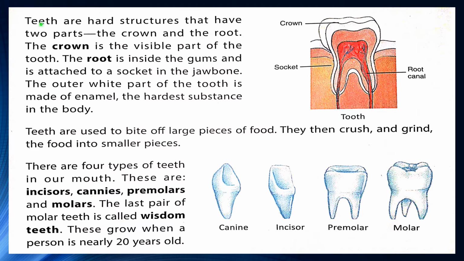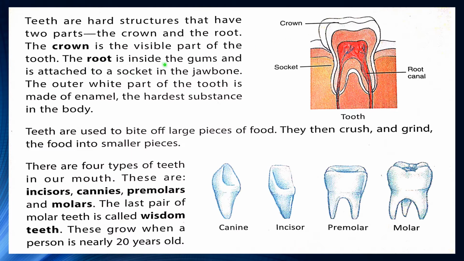Dear students, teeth are hard structures that have two parts. How many parts? Two parts. The crown and the root. The crown is the visible part of the tooth. You can see here, it is the visible part of the tooth.